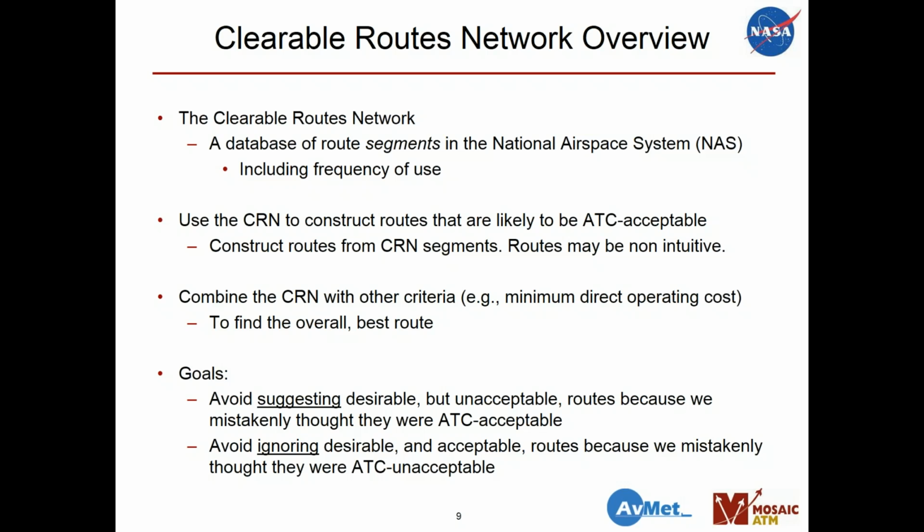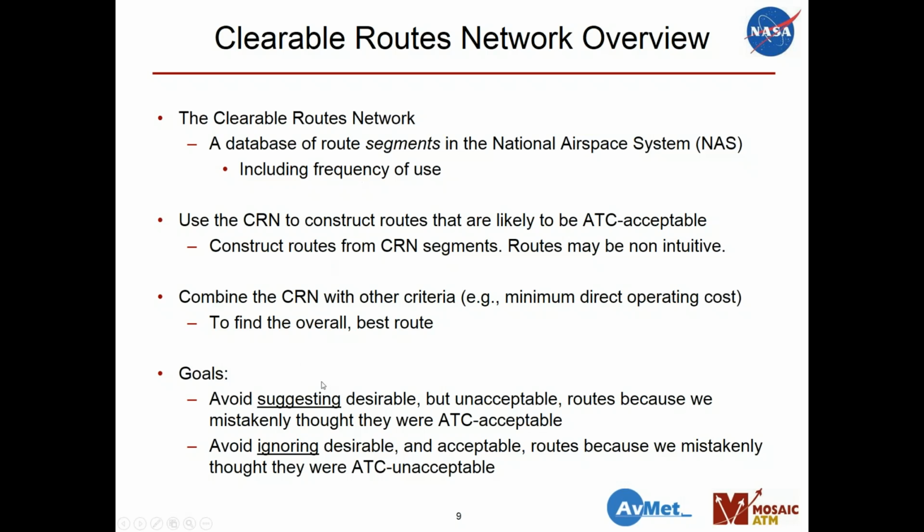So that really hits on the fundamental objective of the Clearable Routes Network, which is to attempt to identify alternate routes and means of generating routes that can be designed to respond to dynamic and specific constraints, but that will still be acceptable to ATC and will not cause undue workload or rejection of those routes as they're filed.